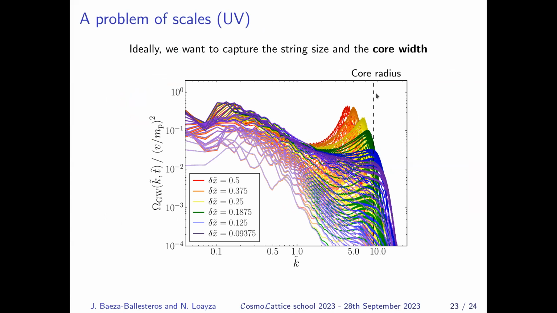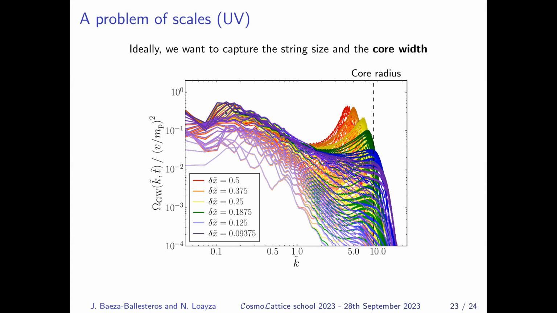But what we saw is that when you go to ultraviolet scales that are smaller than the radius, there is no more emission. However, we also saw that if this scale was not properly resolved, so if the lattice spacing was too coarse, the power spectrum had these unphysical peaks in this region. So we observed that only when you go to very, very small lattice spacing do you properly recover the correct ultraviolet.